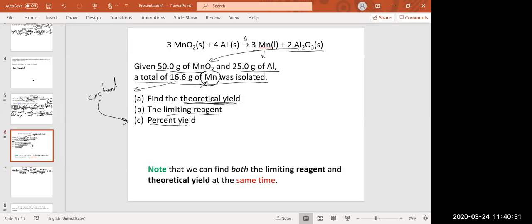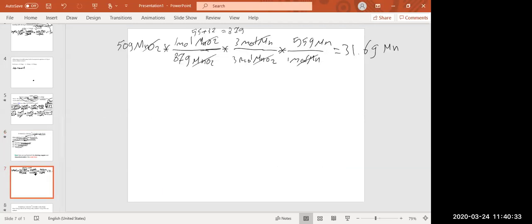Now 25 gram aluminum. We will do the same thing and calculate how much manganese we get from 25 gram aluminum.